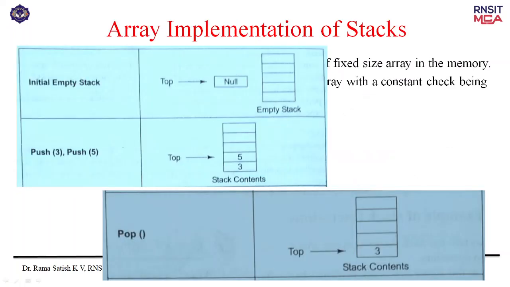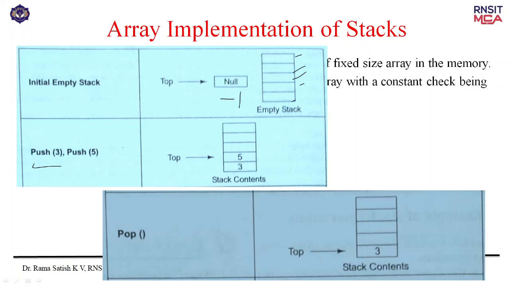Observe this. You will have some fixed size. Here 1, 2, 3, 4, 5, so 5 is the size of your stack. Initially it is empty and top is pointing to null or minus 1. As you push 3, what happens? Top increments.